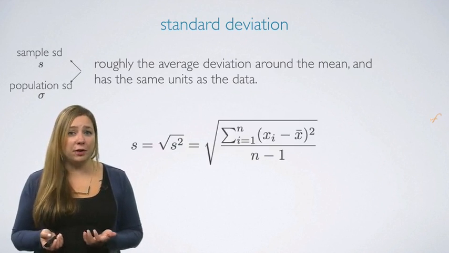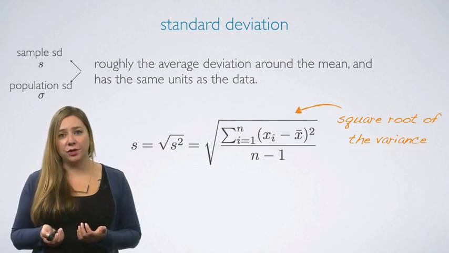The formula is simple. It's just the square root of the variance. Calculating the variance and standard deviation by hand for reasonably sized datasets is tedious and prone to errors, so we usually use computation for these tasks. However, understanding variability is essential for doing statistics.